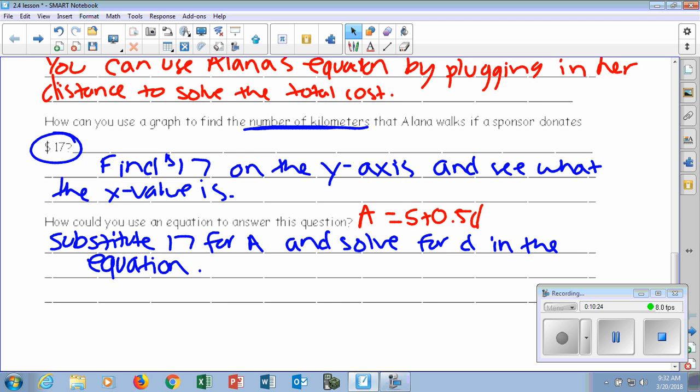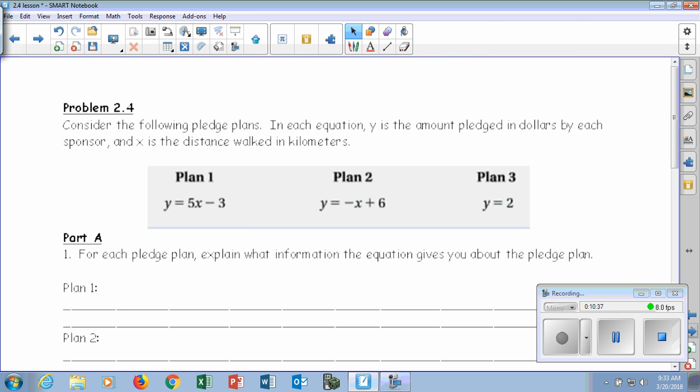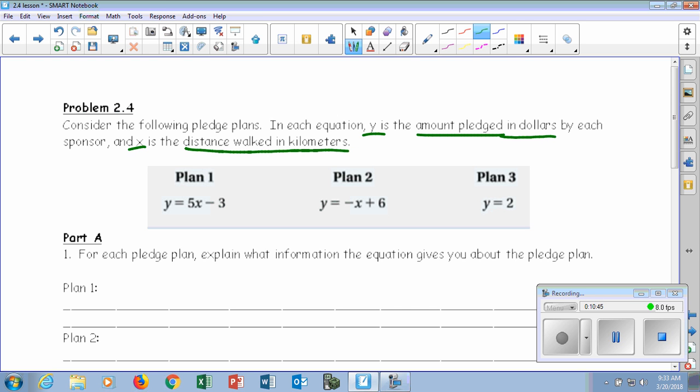On the back, it says problem 2.4. Consider the following pledge plans. In each equation, Y is the amount pledged. Let me go to the next page. Okay, it says Y is the amount pledged in dollars by each sponsor, and X is the distance walked in kilometers. So we have plan 1, plan 2, and plan 3, and they created equations for us.